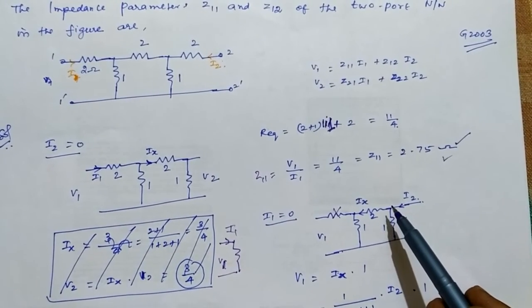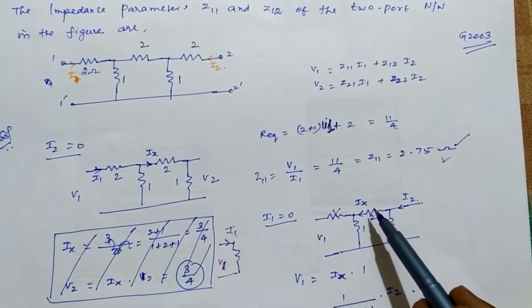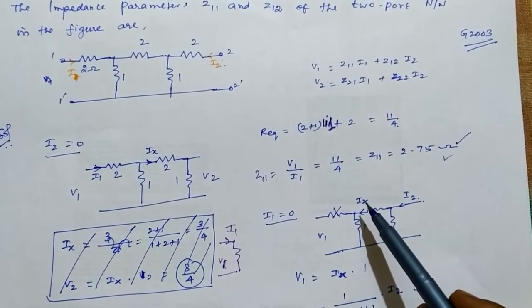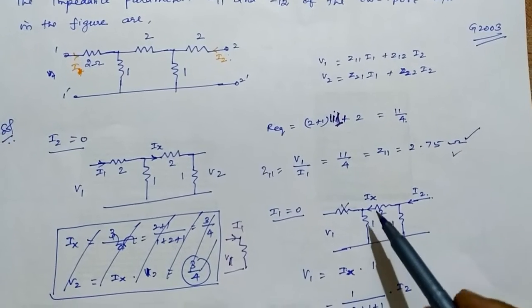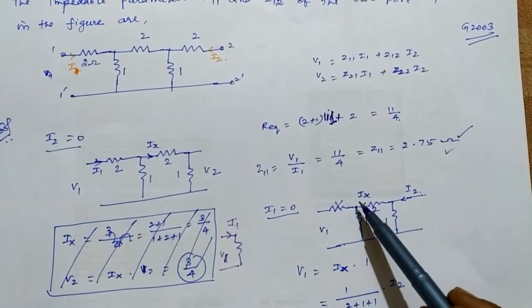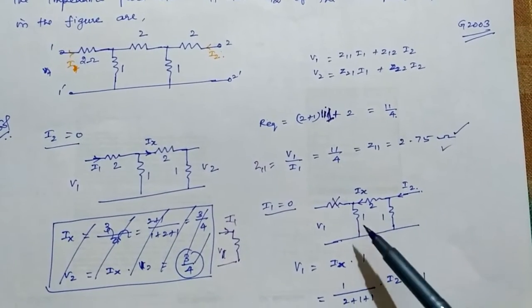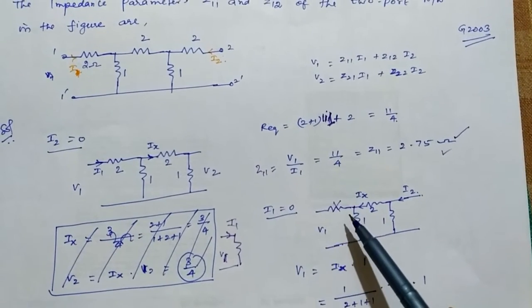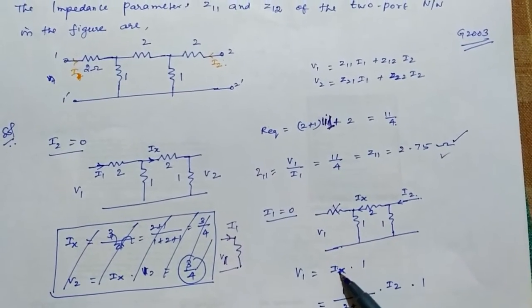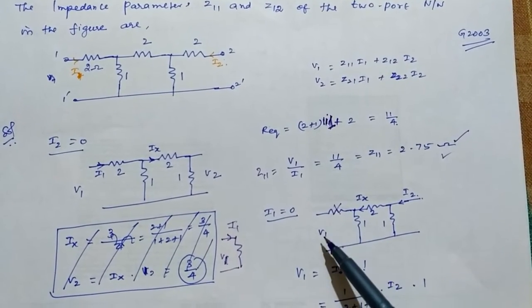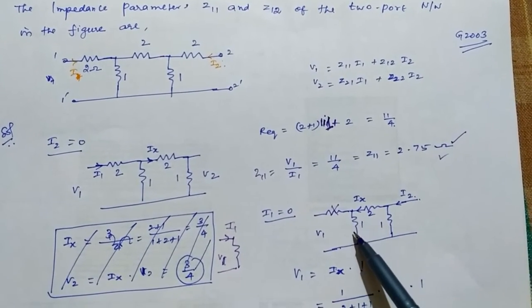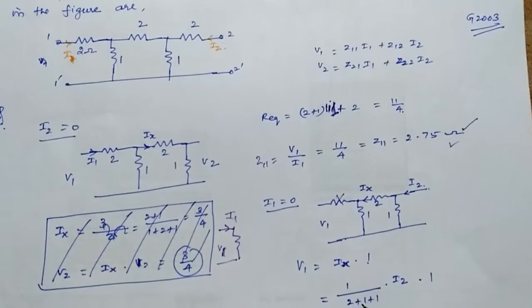Part of this I2 flows through this 2 ohm resistor, which we call Ix. This Ix can only flow through this resistor. Therefore, since there is no drop here, V1 is equal to Ix into 1.